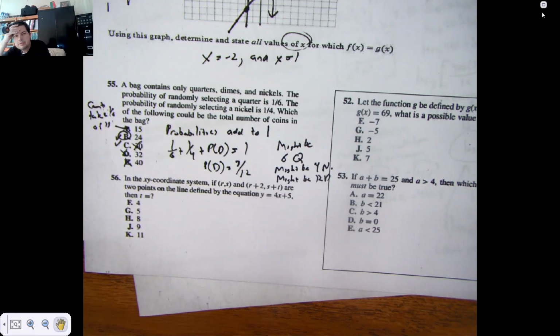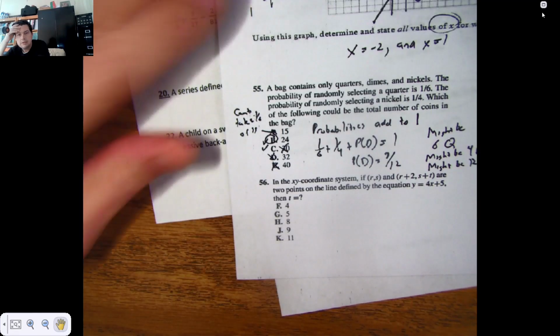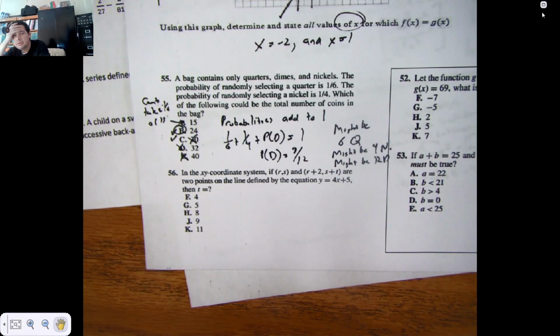In the xy coordinate system, if the points (r, s) and (r plus 2, s plus t) are 2 points on a line defined by the equation y equals 4x plus 5, then t is what? Well, that's interesting. So I know 2 points on a line.